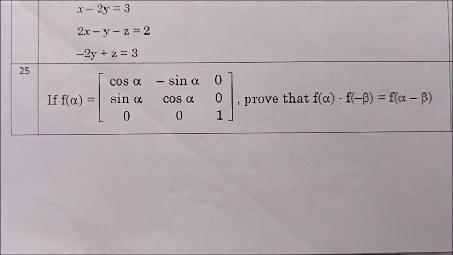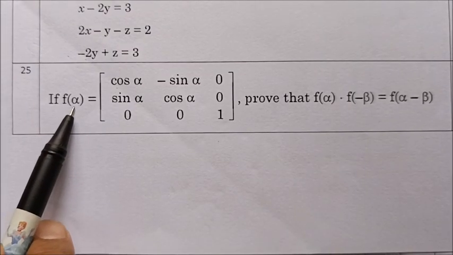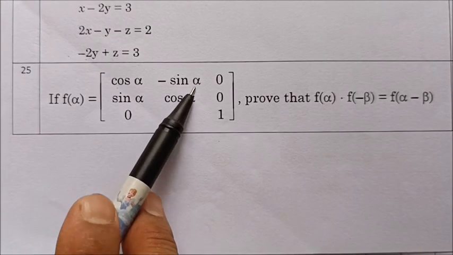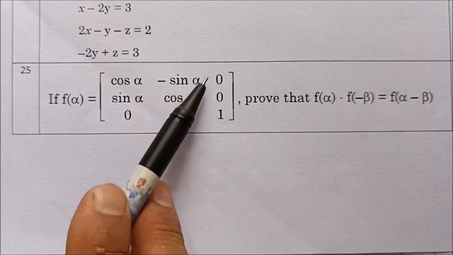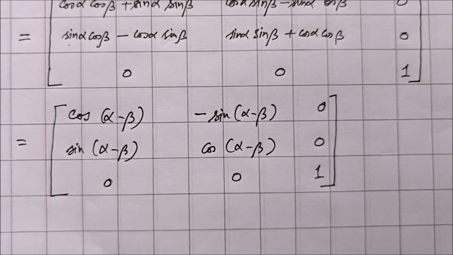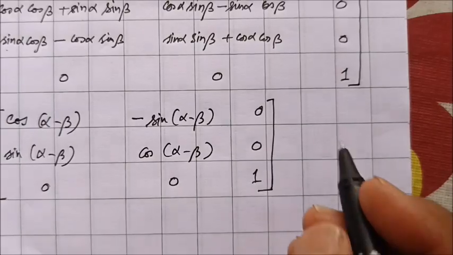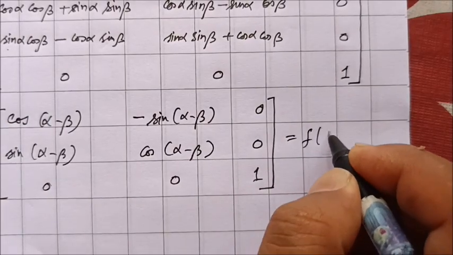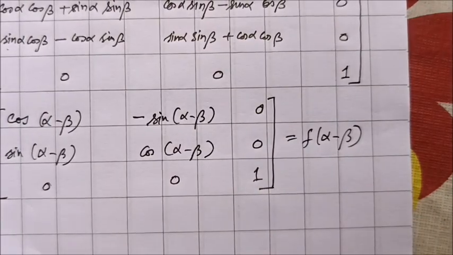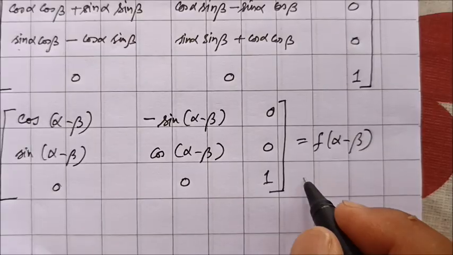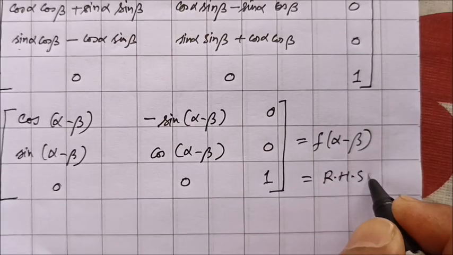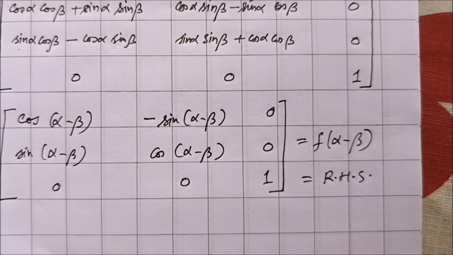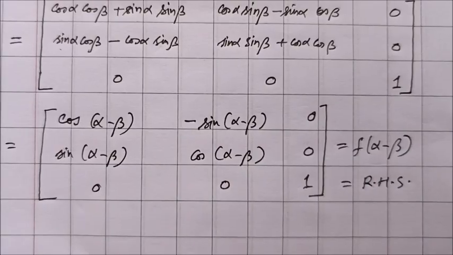They gave us f alpha, that is cos alpha, minus sine alpha, cos alpha and 0 0 1, all these things are there. That means this expression is nothing but f of alpha minus beta, which is our required right hand side. So this is the solution to question number 25.